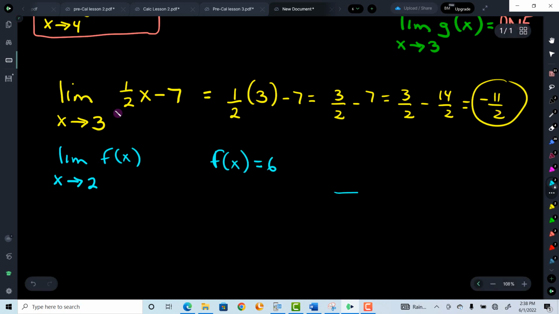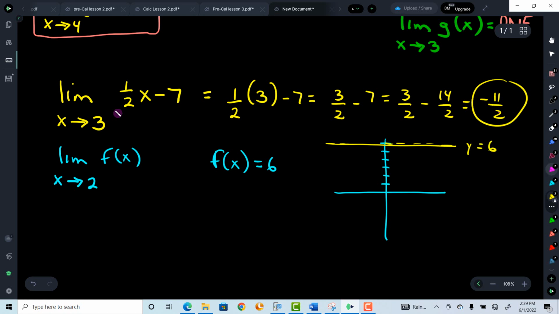Let's think about what's actually happening there. f of x equals 6. That is this line right here. That's the line y equals 6.